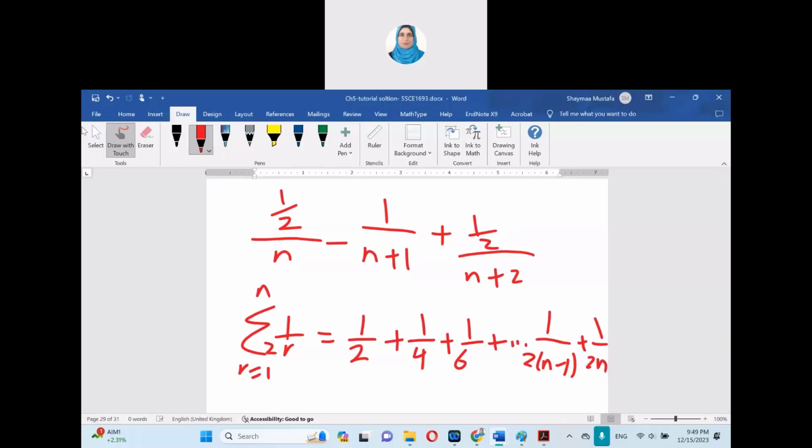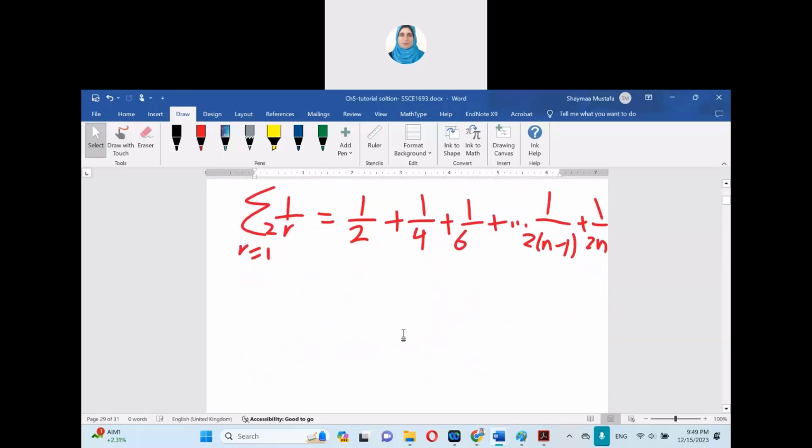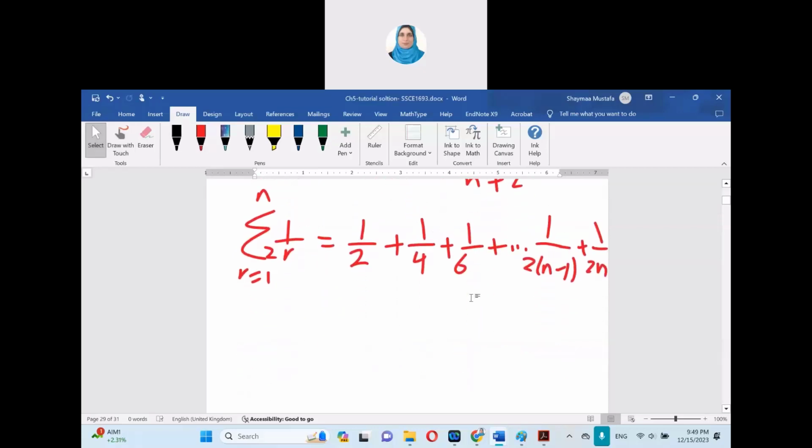Then we need to go for 1 over (n+2). First, make the one that we will add together, 1 over 2 times (r+2). I will make the positive terms first, then the negative terms.